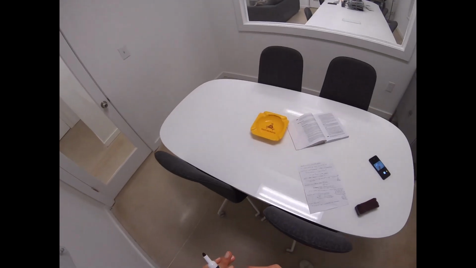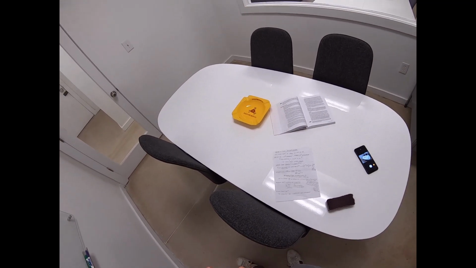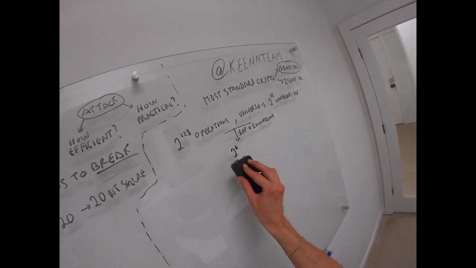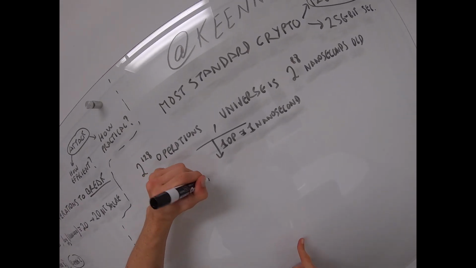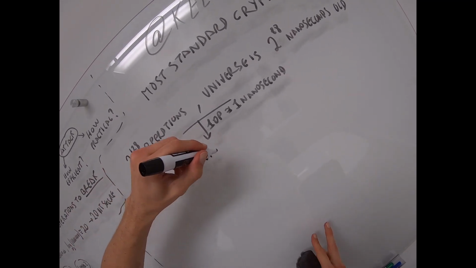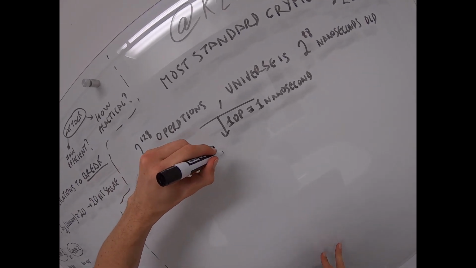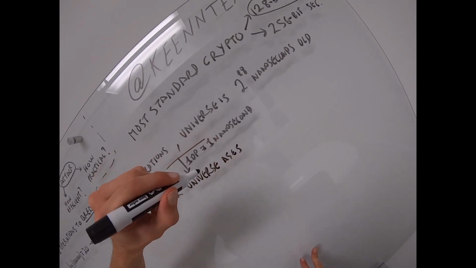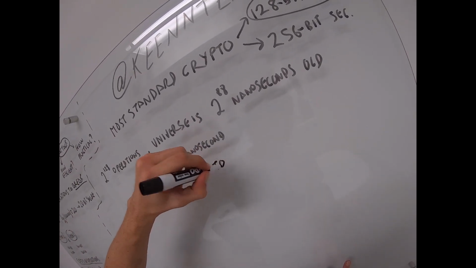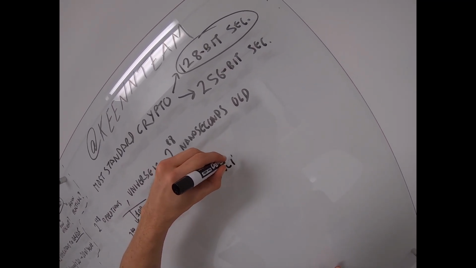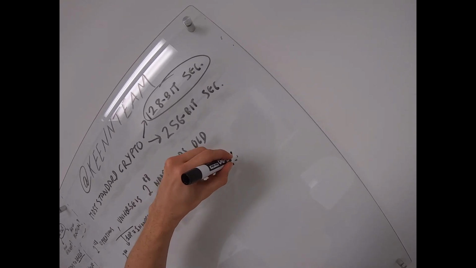That means that it will take you 2 to the 40 universe lifetimes to break the encryption key.